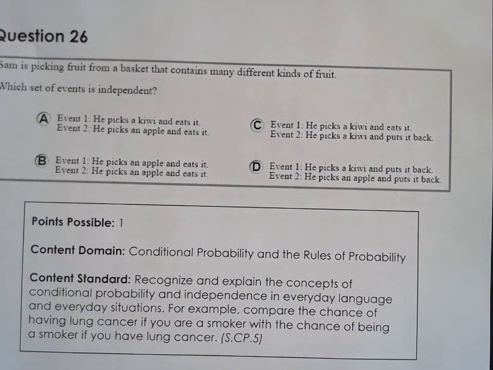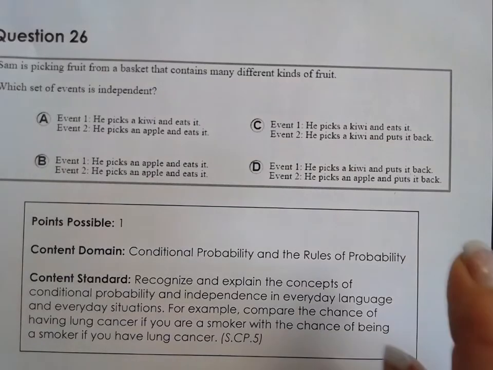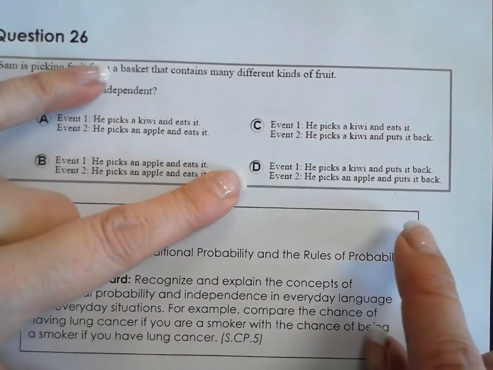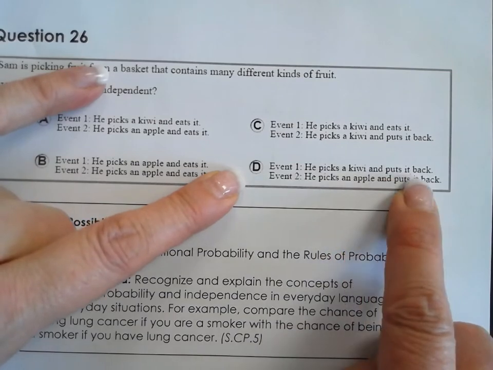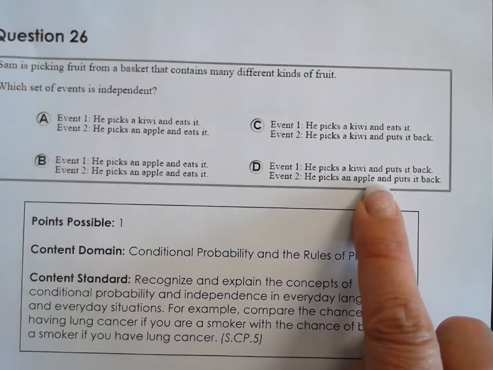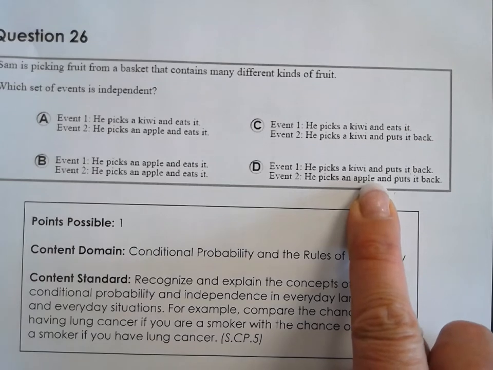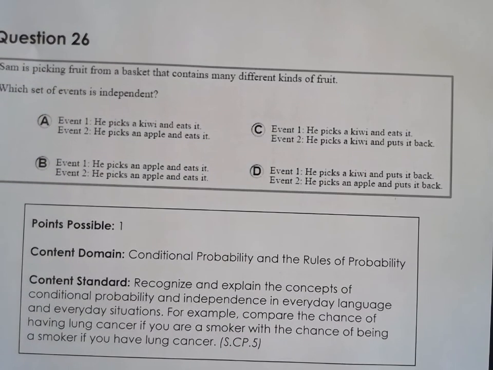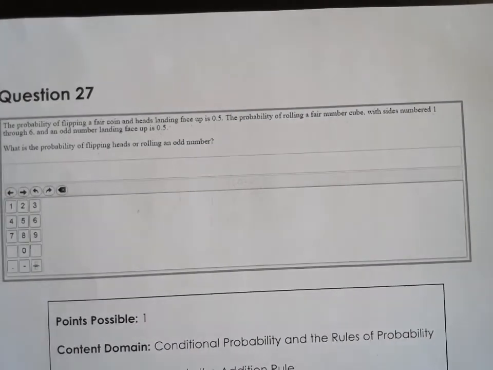Okay, he picks a kiwi and eats it. If he eats it, it changes it, right? So I'm moving on to D. Picks a kiwi, puts it back. Picks an apple, puts it back. Did he replace it each time? Yes. Yes, that makes it D, that they're independent. Good? Lots of probability at the end of these.